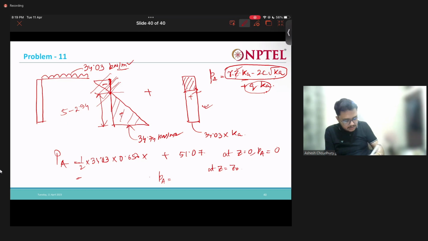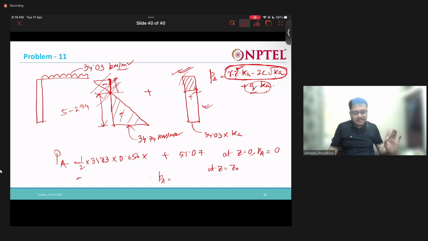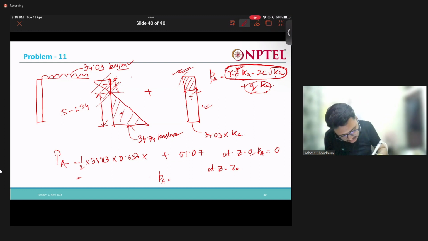So this part of the equation will be 0 for this total depth Z naught. Only the surcharge part will be there. And below Z naught, this and this will also come into play. If there is any doubt, what I suggest is that you take Z at a gap of say 0.1 meter.